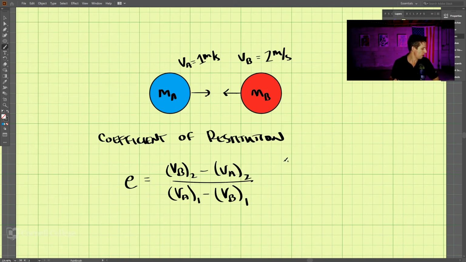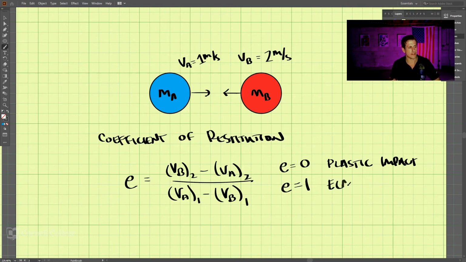So what we call that is a plastic impact. If E is equal to 0, we call that a plastic impact, meaning that they stick together after they come in contact with each other. The opposite is if E is equal to 1. That means it is an elastic impact.